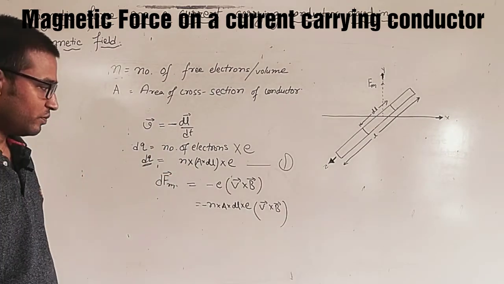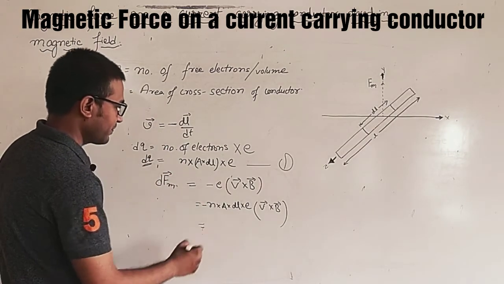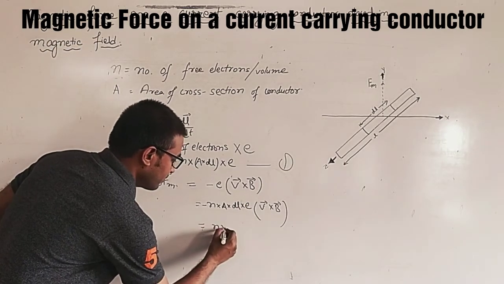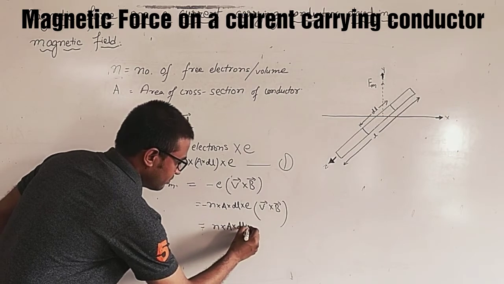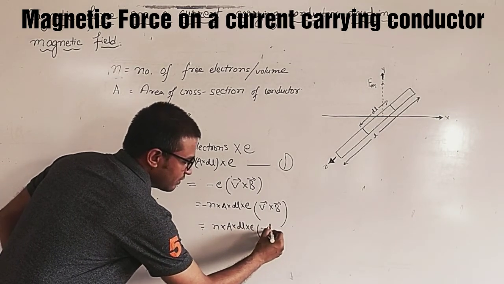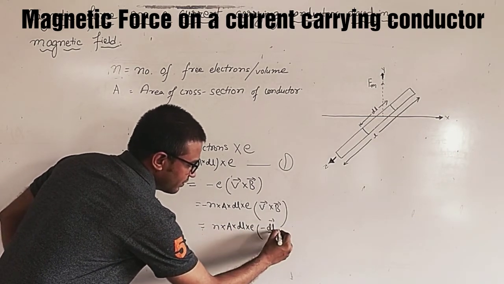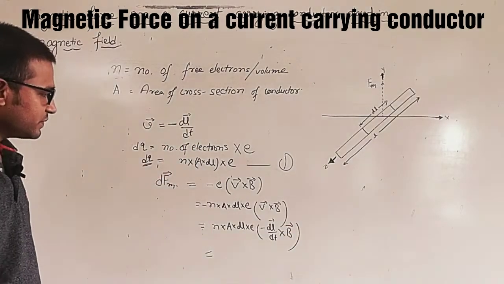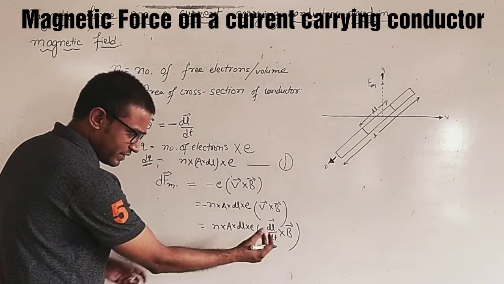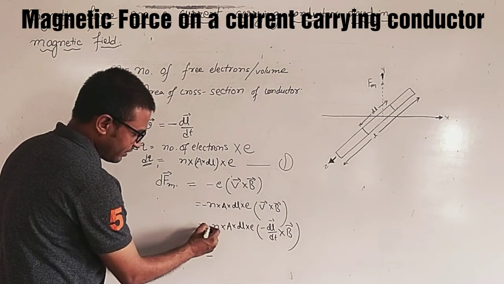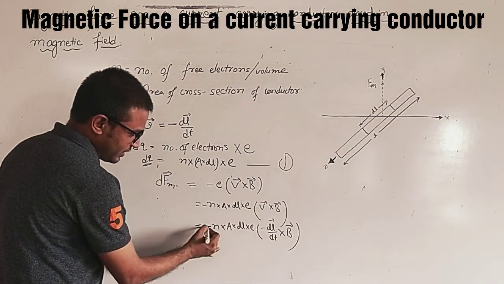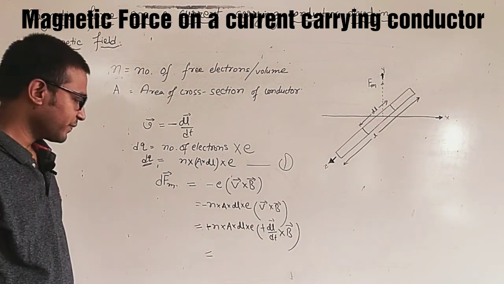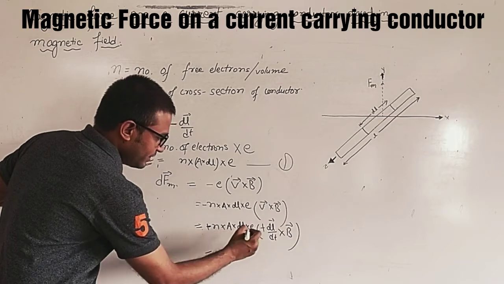So put the value minus dl by dt in the cross product. Now take this dt outside, and this negative sign and the other negative sign cancel out, and only the positive sign remains.